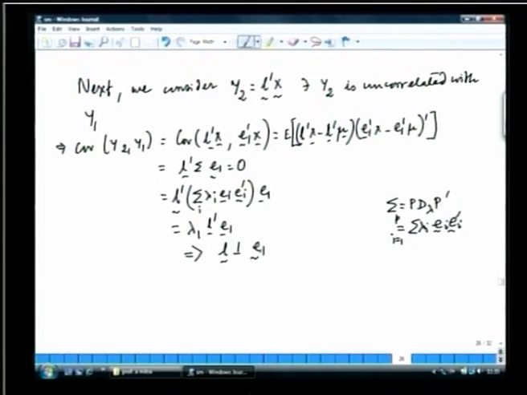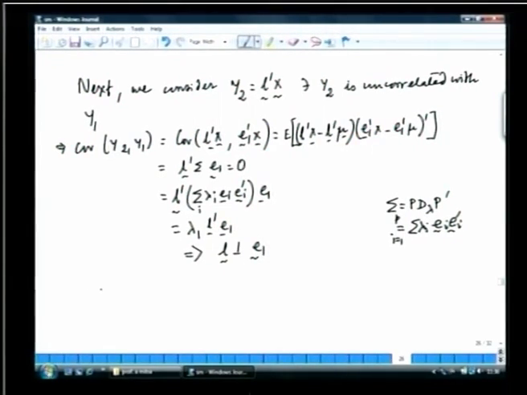So the covariance being equal to 0 leads to the fact that L has to be constructed in such a way that it is orthogonal to the vector in the first principal component, that is E1.